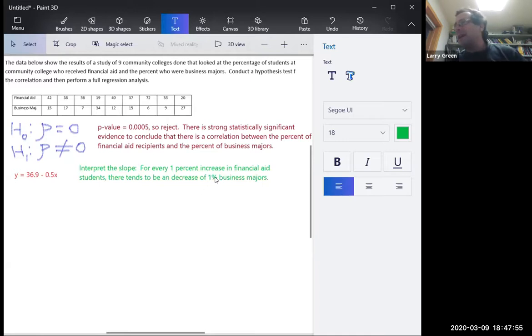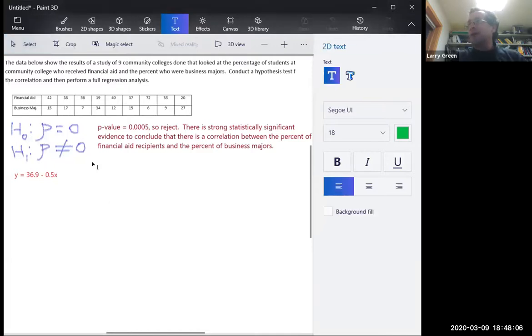And in particular, for every percent increase in financial aid, there tends to be, sorry, that was 0.5%, not 1%. Let me fix that. It's important enough that I want to fix it.